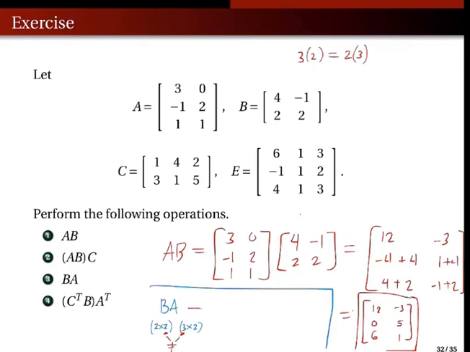This one cannot be. And therefore, AB is not equal to BA. So you cannot just interchange two matrices if you do multiplication. AB is not equal to BA in general. There are several matrices where you have AB equals BA, but it's not always the case.